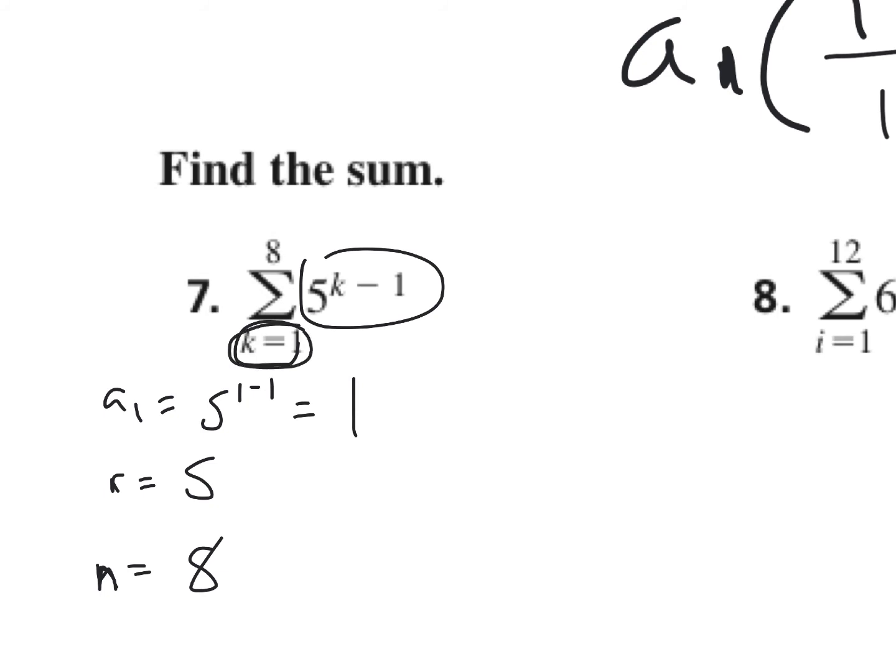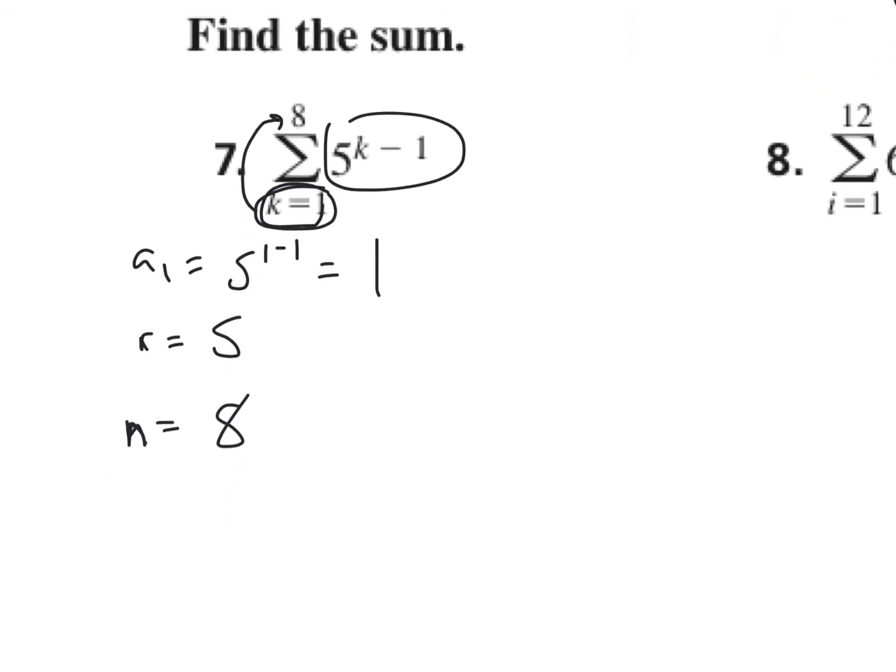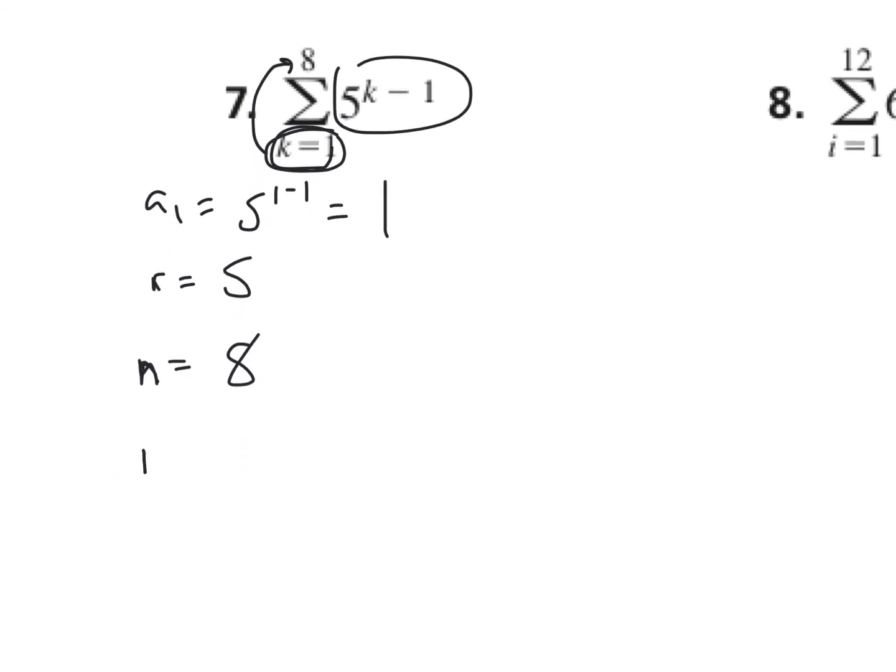So n is 8. So let's plug everything in. We have 1 times 1 minus our ratio, which is 5, to the power of n, which is 8, over 1 minus our ratio, which is 5.